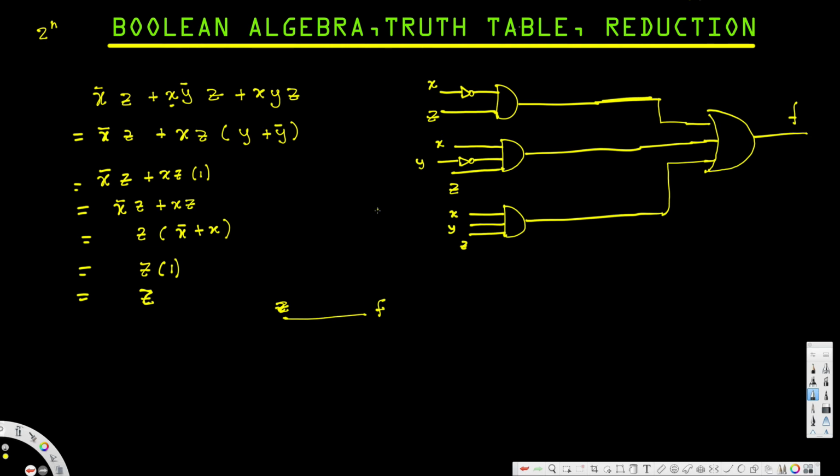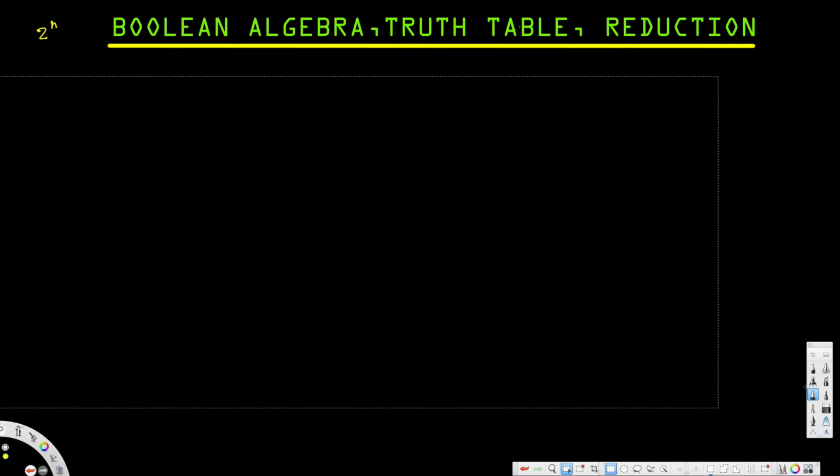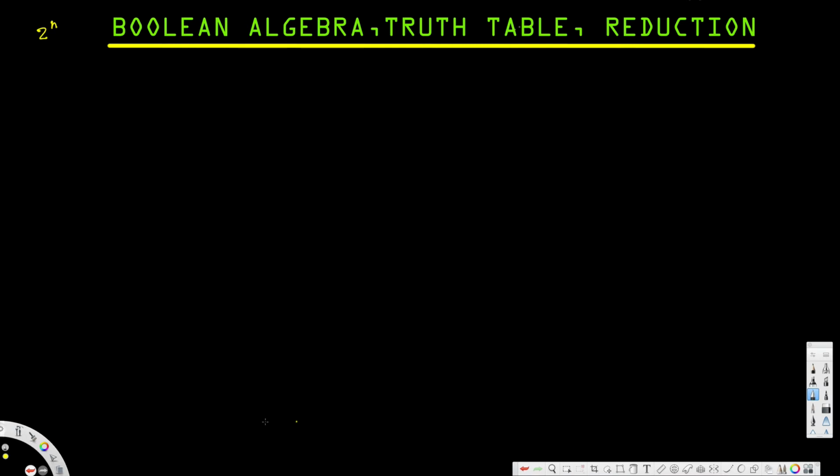Now let's look at another one where they are asking to find equal output. Let's look at that one. So here the question is giving some expressions, like we have 3 expressions. F is equal to a bar c bar plus b c plus a b bar, and then we have g is equal to b c bar plus a bar.